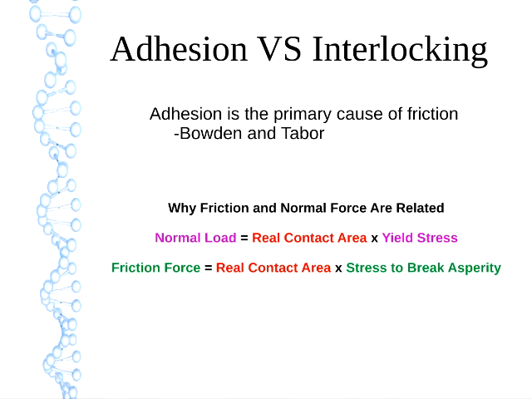But currently, we think that adhesion is most important. The importance of adhesion also lets us know why friction and normal force are related. If you remember, the formula for the friction force is equal to the normal force multiplied by the coefficient of friction.